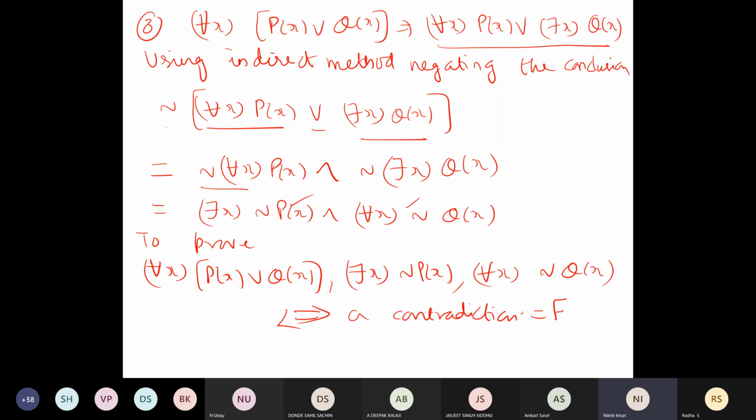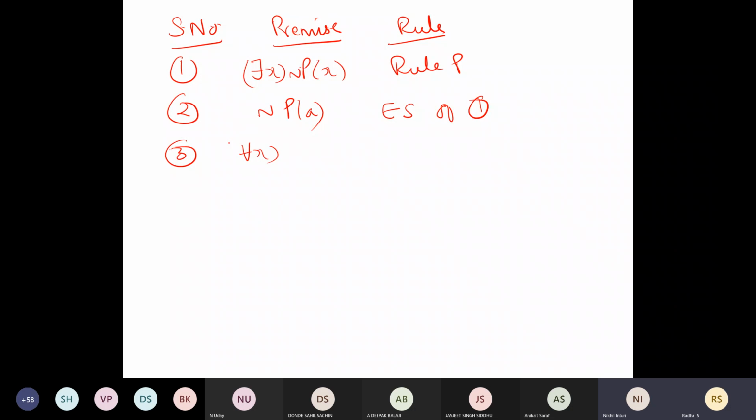Which one will you use now? You can use either the first one or the second one, whichever you want. Shall I introduce the third one? It is up to us. Then for all x not of Q of x, so not of Q of A. Now it is possible because you already fixed some variable from the domain, and the same you can use here.